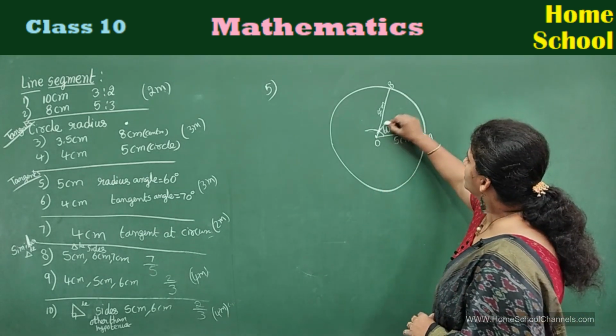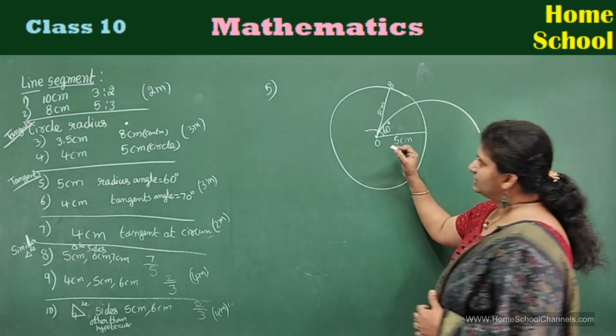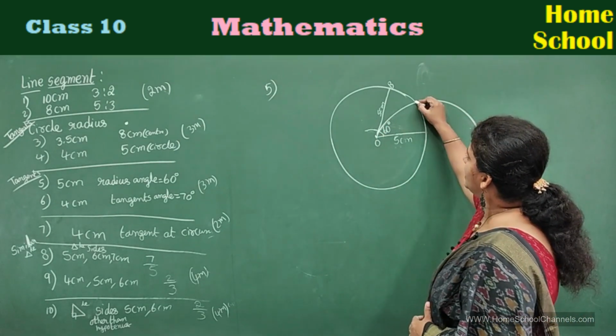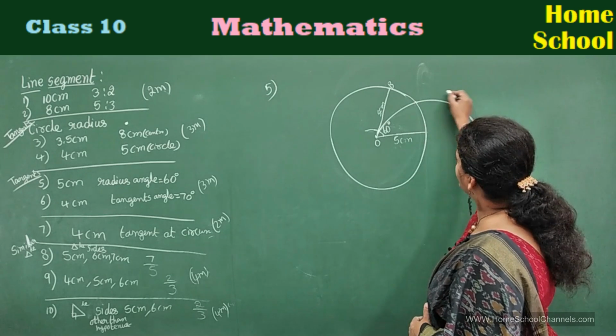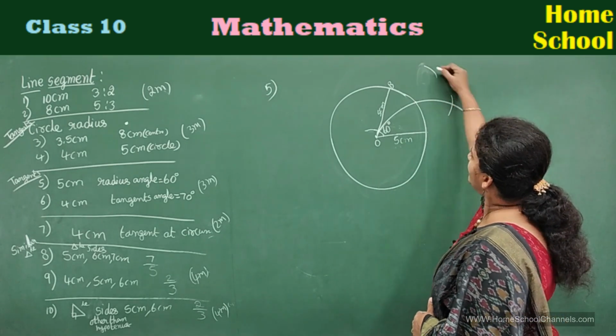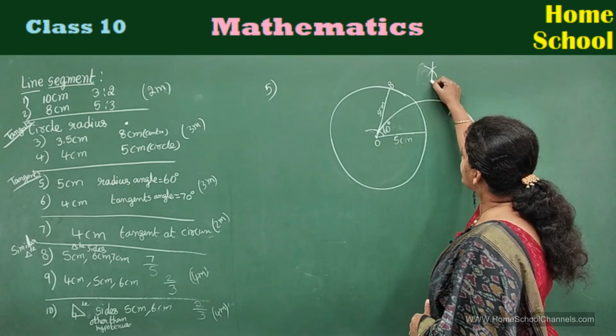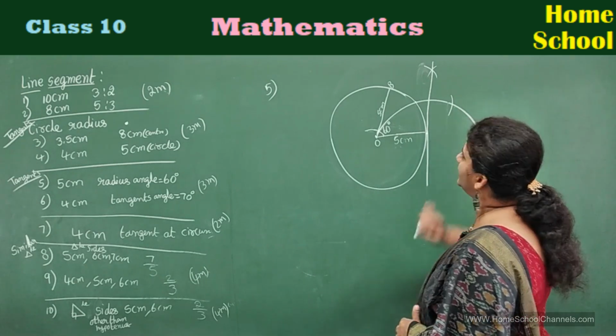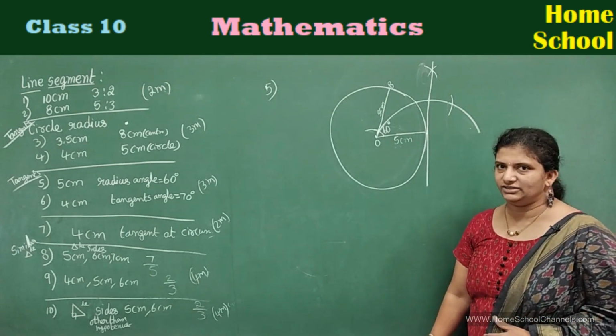Same manner, semicircle. I just do it roughly, children. You just do it neatly. Semicircle, and lift the compass and put it here on the semicircle, one arc above, and again from here cut the arc. Try to join, and it touches at only one point. This is your tangent.